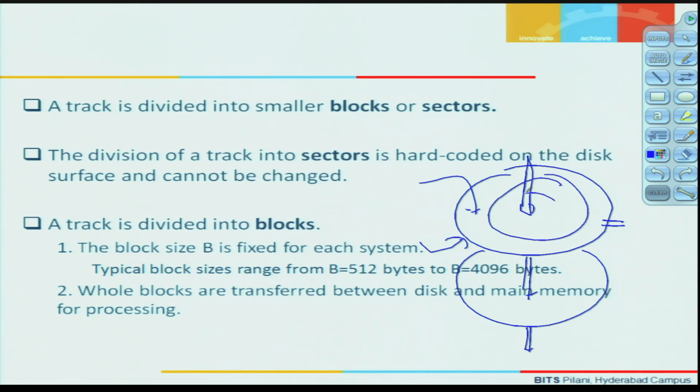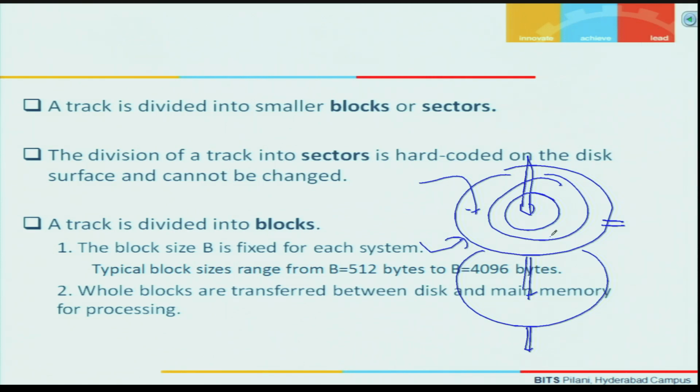The tracks are nothing but concentric circles on the surface of a disk. Then these concentric circles are divided into blocks or sectors. The division of a track into sectors is hard coded on the disk surface and cannot be changed.